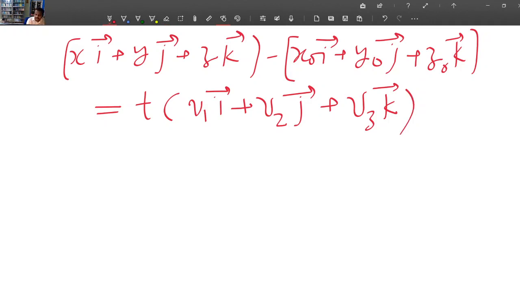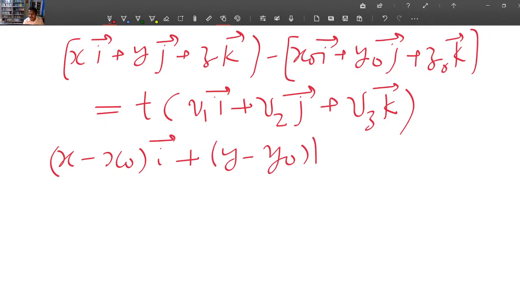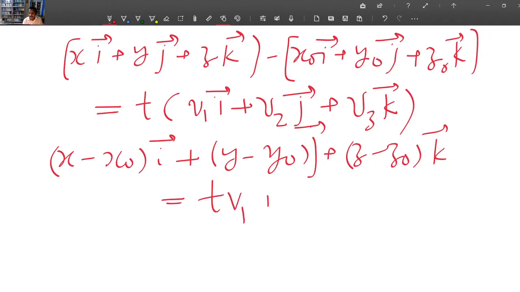So from this equation you have x minus x naught into i plus y minus y naught into j plus z minus z naught into k. This is equal to tv1 i plus tv2 j plus tv3 k.